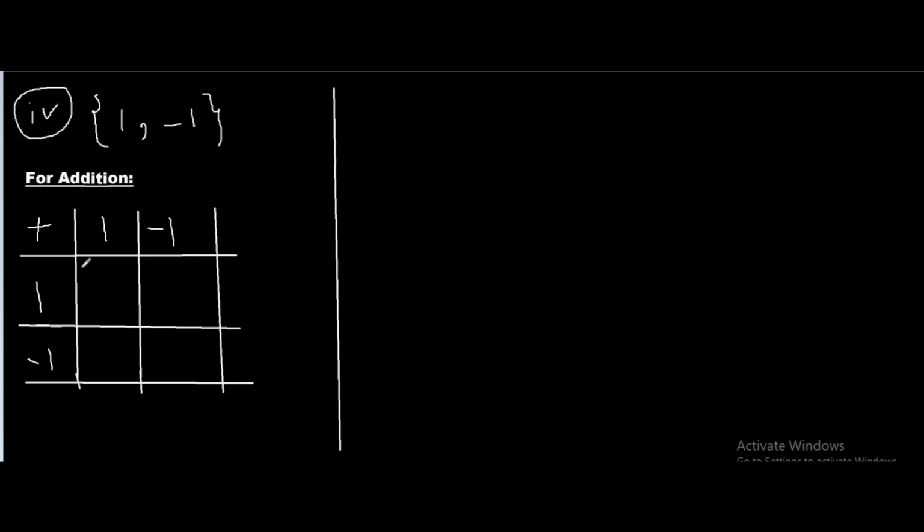For the results, we have to see that this box is related to the upper input and left input, which are both 1 and 1. So the result is 1 plus 1, because this is the plus operation. So this is 1 plus 1, which is equal to 2.